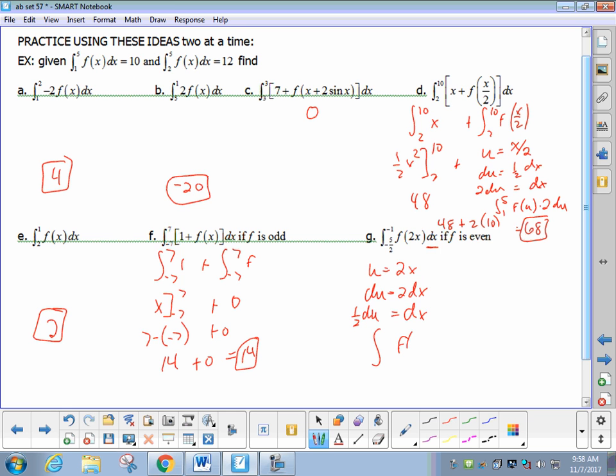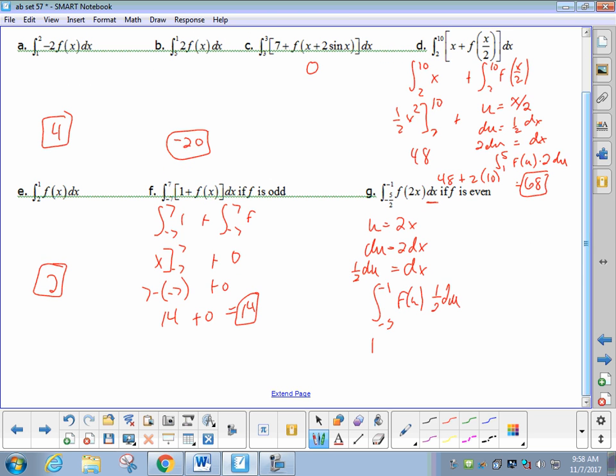With substitution, that becomes f of u 1/2 du, and the limits, u is double every x, so this would go from -5 to -1. -2, right, yes, good point. -1/2. -5 to -2 by even is equivalent to 2 to 5, and 2 to 5 is something, I can't remember, 12? And that's what I'm getting.